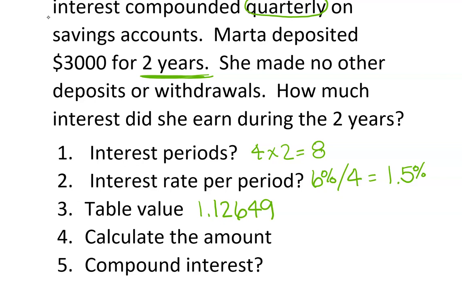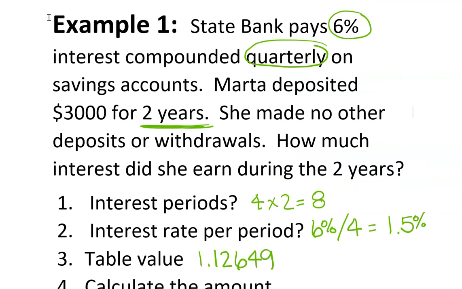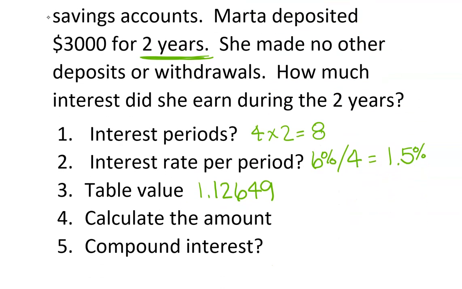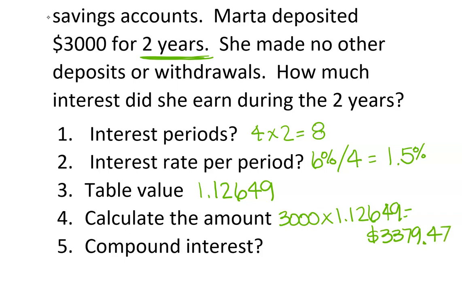Once you get that table value in the back, we're going to take the amount, which is $3,000, times that big number that you just wrote, and we're going to multiply it. 3,000 times 1.12649 is 3,379.47.